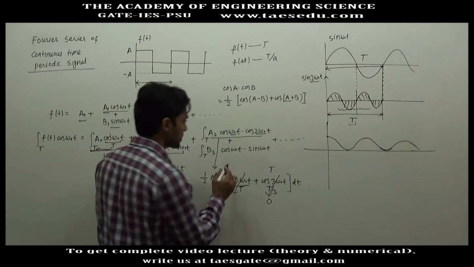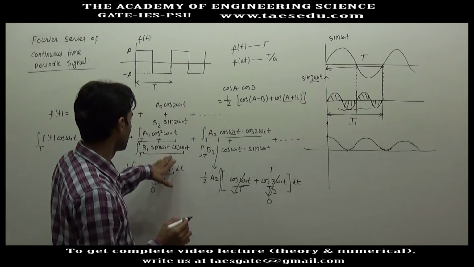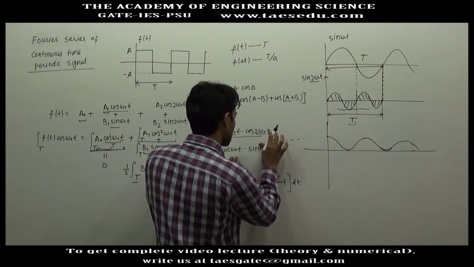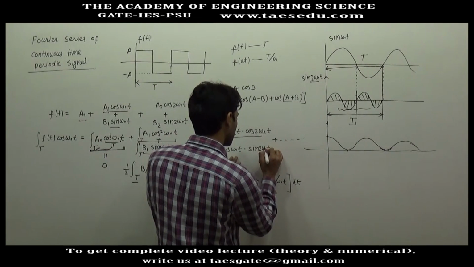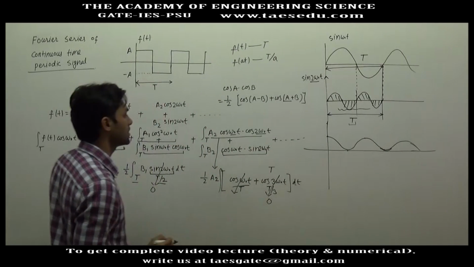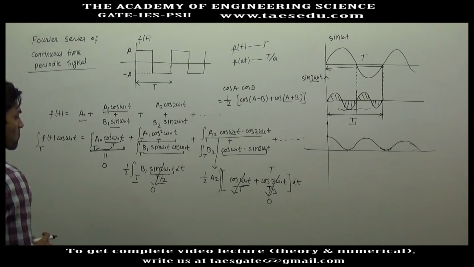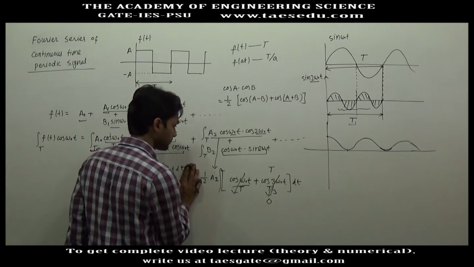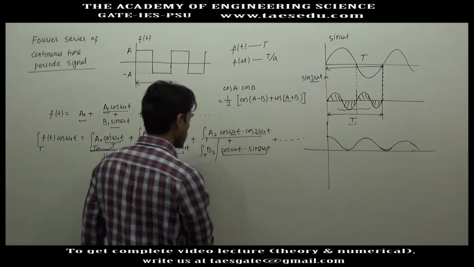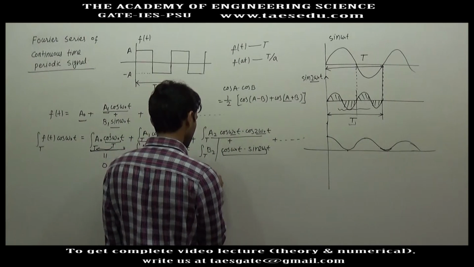Similarly, with the same concept, sin omega naught t cos omega naught t, cos omega naught t sin 2 omega naught t. In the same way, if you expand it, this is sin A into cos B. What is sin A into cos B?